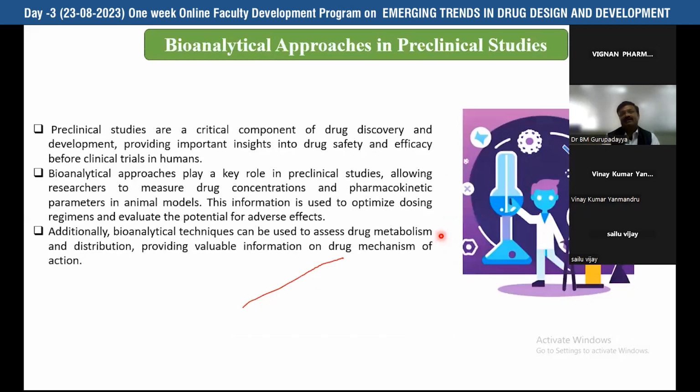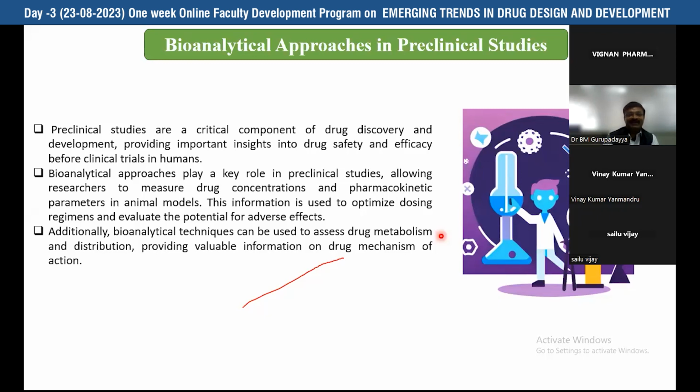Then I can consider some of the bioanalytical approaches which come under drug discovery and studies. Maybe we can consider drug safety and efficacy before we go for clinical trials in human beings.